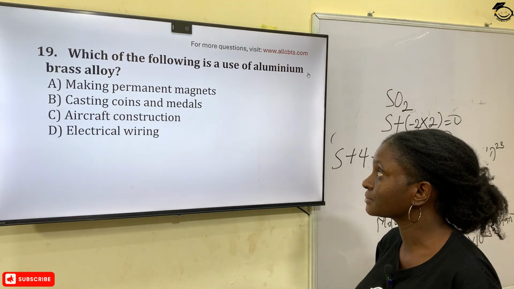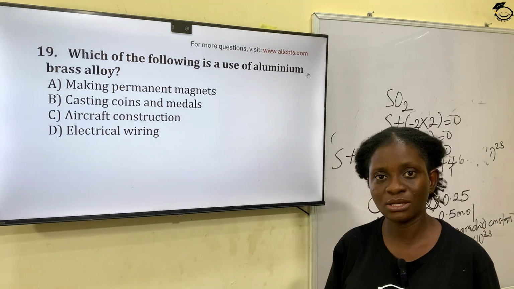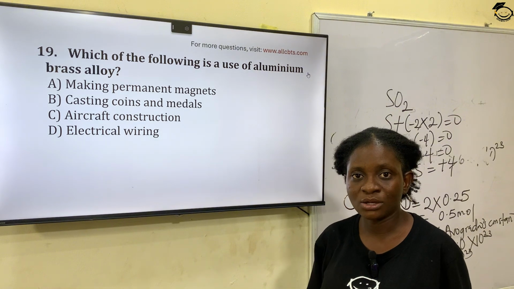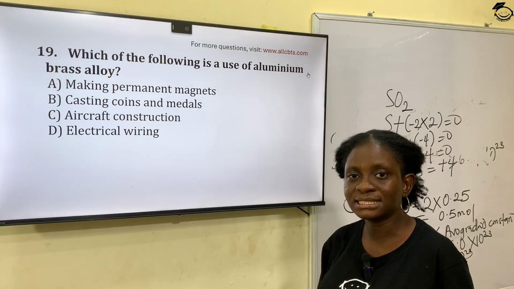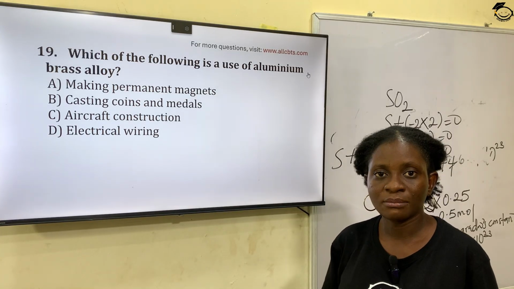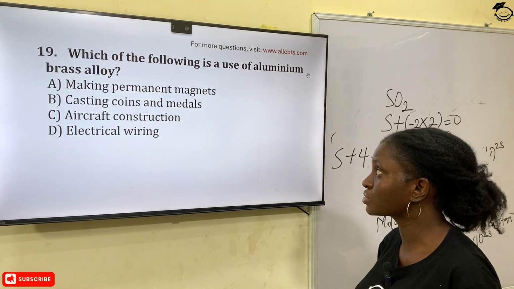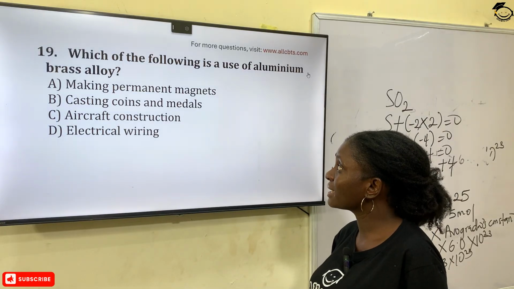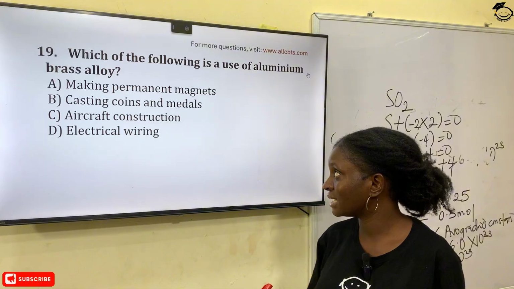Question 19. Which of the following is the use of aluminium brass alloy? Aluminium brass alloy is aluminium in combination with copper, and it's very beautiful. It's used in medals and can be used for decoration purposes. Option A, making permanent magnets. Option B, casting coins and medals.